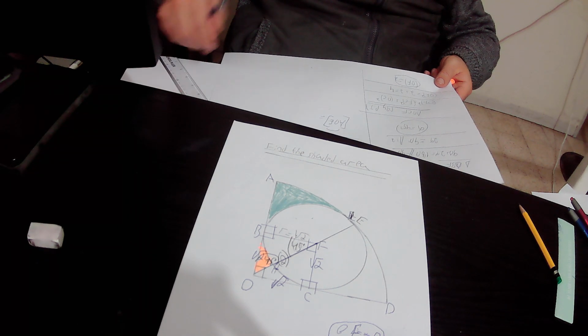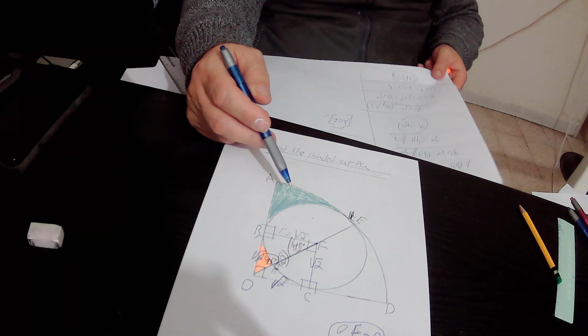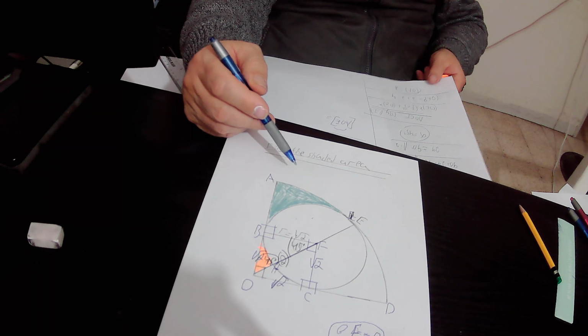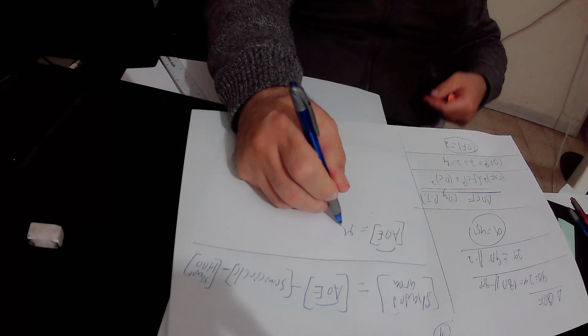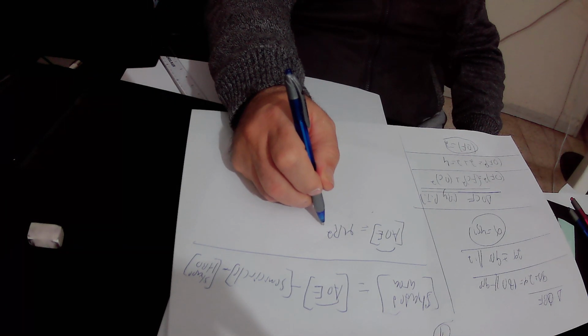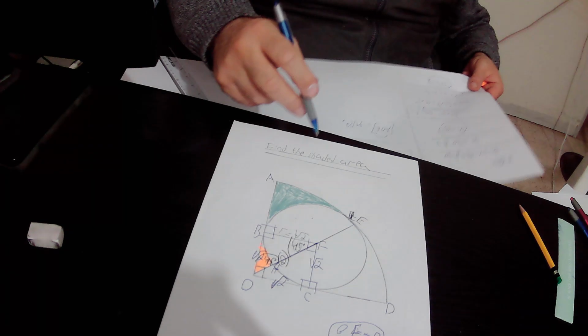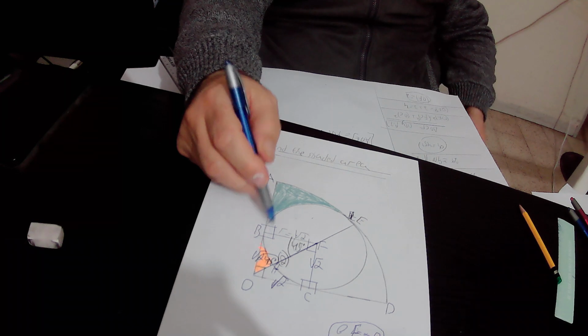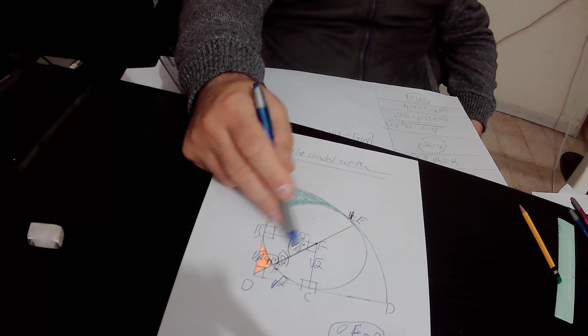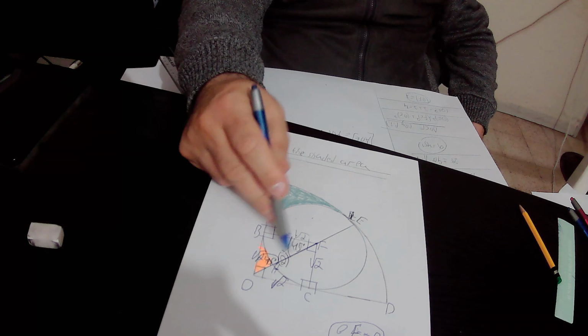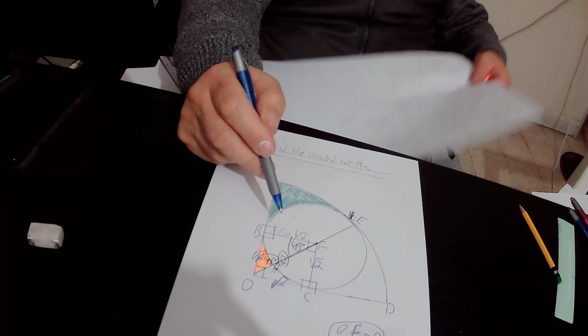So the area of sector AOE will be equal to pi times capital R squared, the area of the big circle, times theta over 360 degrees. Theta is the angle between the legs of sector AOE, and this angle is 45 degrees.